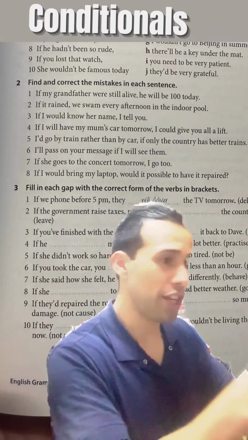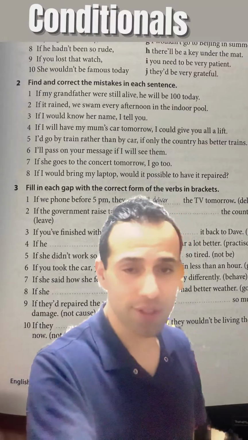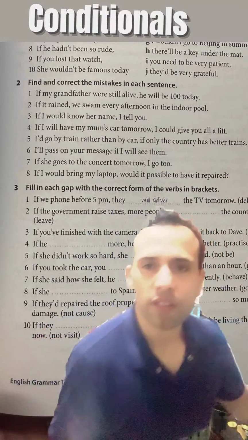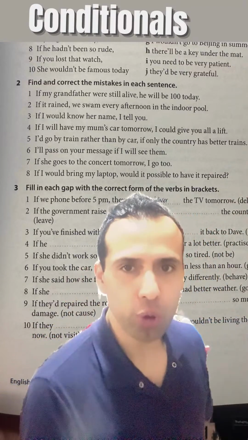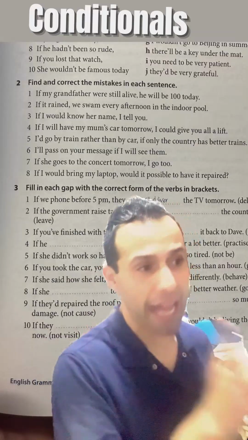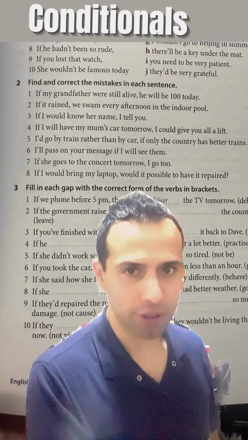Where in the if part, you usually use the present tense to refer to the future. So she goes to the concert tomorrow. If that happens, something else will happen.